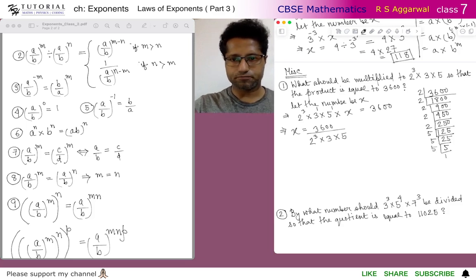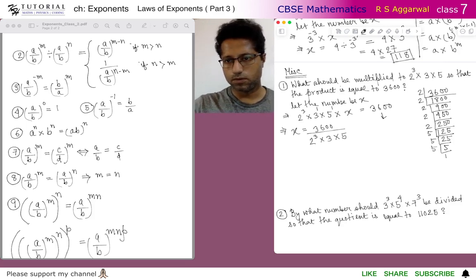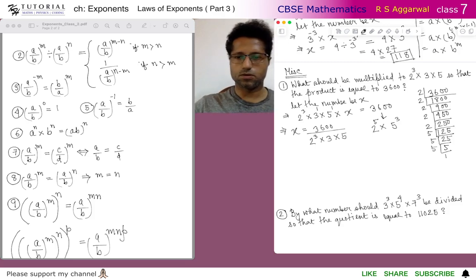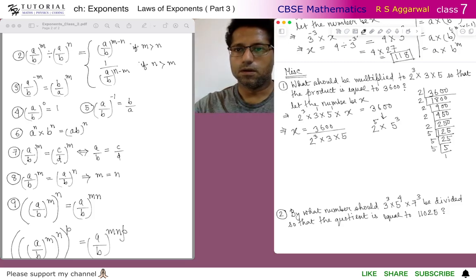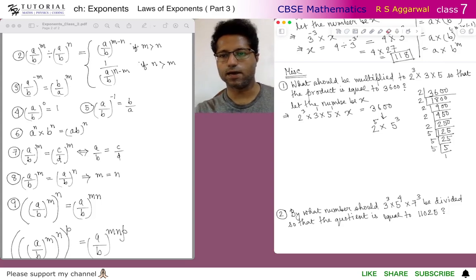So 3600 is 2 multiplied 5 times, so 2 to the power 5, multiplied by 5 three times, so 5 cube.